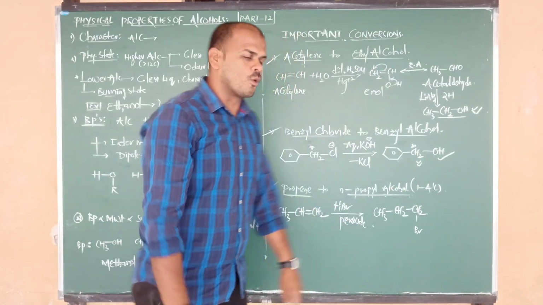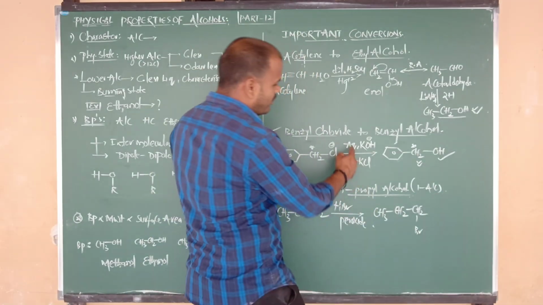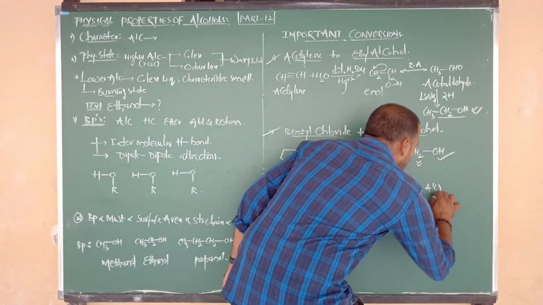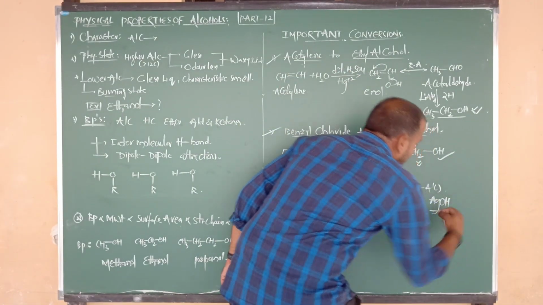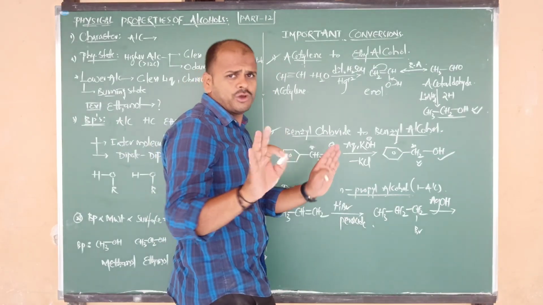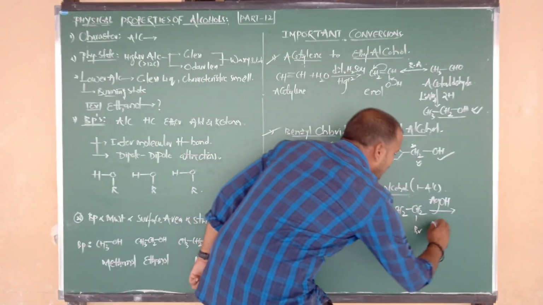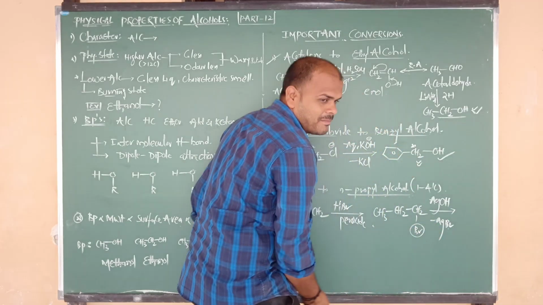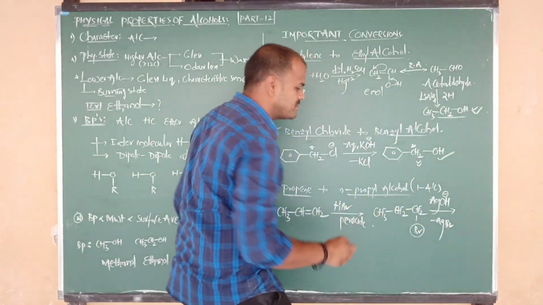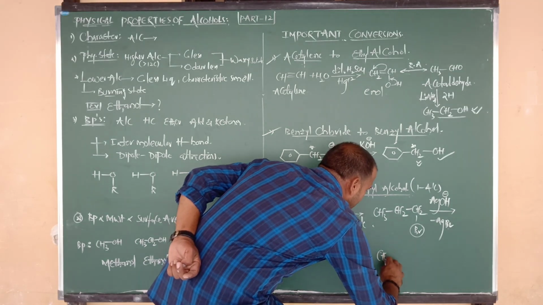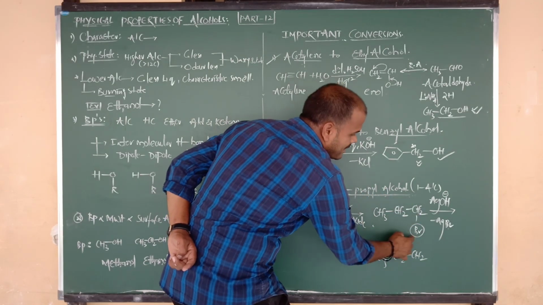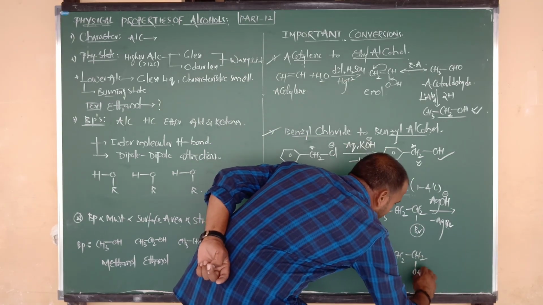1-bromopropane. Now we have to react it with aqueous KOH or moist silver oxide. Let us go for moist silver oxide, that is AgOH. If you want you can take KOH also. Ag combines with Br and is removed in the form of AgBr, so Br is replaced by OH. The product is CH3-CH2-CH2-OH.